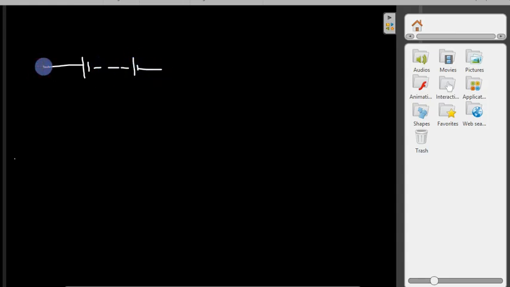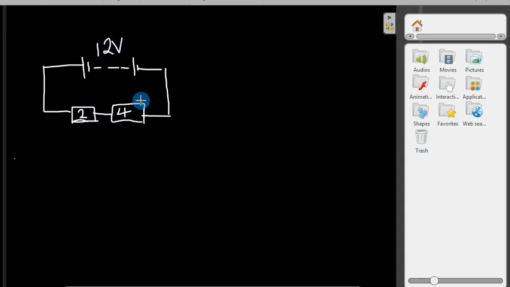It has a 12 volts battery and two resistors. The first resistor has a resistance of 2 ohms, then the second one has a resistance of 4 ohms. So here we have resistance of 4, here we have resistance of 2, and the battery has the voltage of 12 volts.